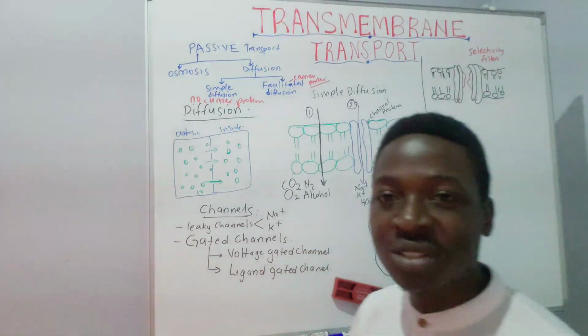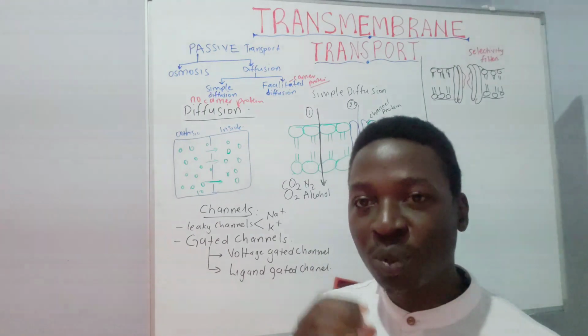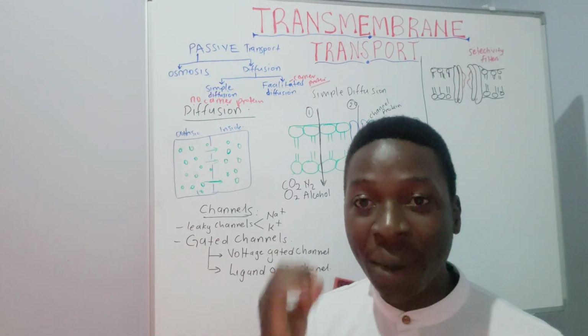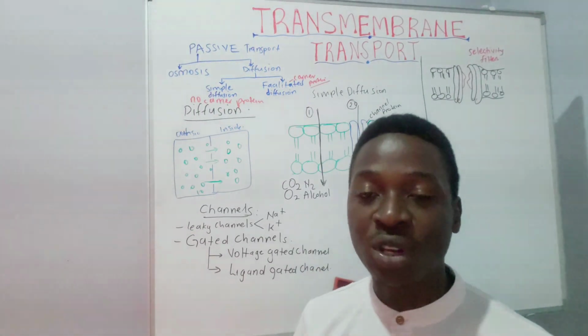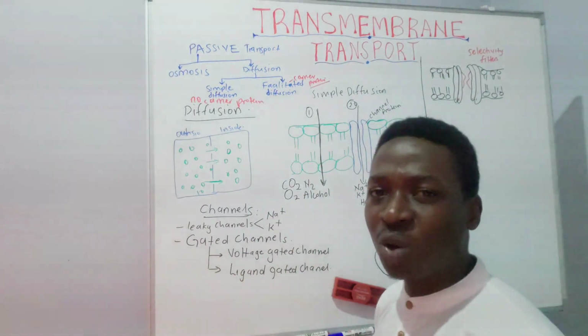So this means that a potassium channel will be able to transport potassium more compared to its ability to transport sodium, because of the presence of these selectivity filters.